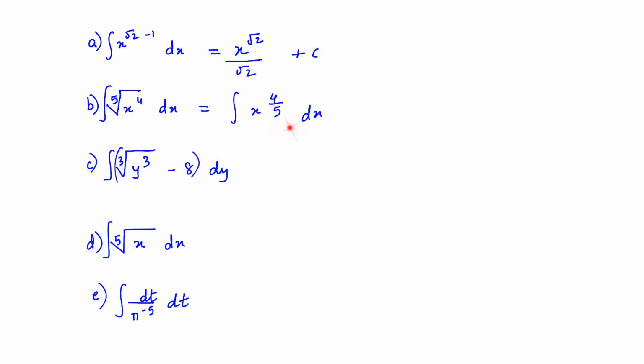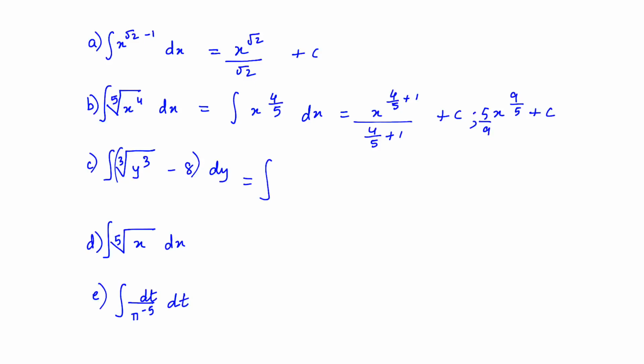Now that we have simplified, we will integrate. We will get 4 over 5 plus 1, and the new power we are going to put down plus c. This will give us 9 over 5, and 1 divided by 9 over 5 will give me 5 over 9 plus c.